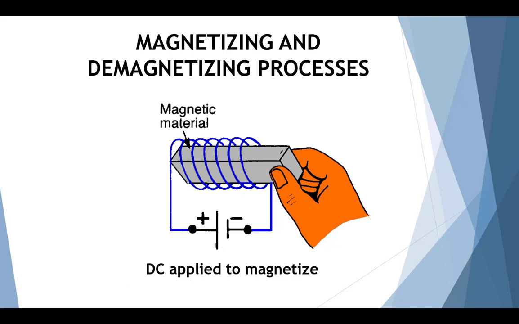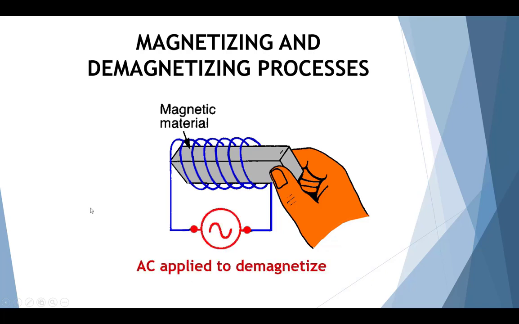And the magnetic field goes into this magnetic material, and the magnetic material can retain that magnetism caused by this process. Now, if I want to demagnetize that piece of metal, I would hook it up to AC current, where it's alternating going plus and minus. So the direction of the current is reversing and essentially demagnetizes the previous magnetization process.